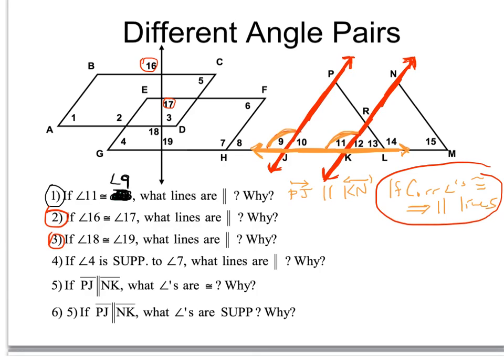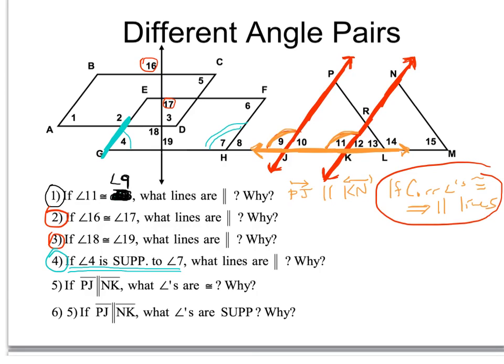Moving on to question 4, let's do 4 together. Now 4 is a little bit different because you can see, instead of giving you congruent angles, I am giving you supplementary angles. We had 2 theorems dealing with supplementary angles. So I have angle 4 and angle 7 given to me as supplements.